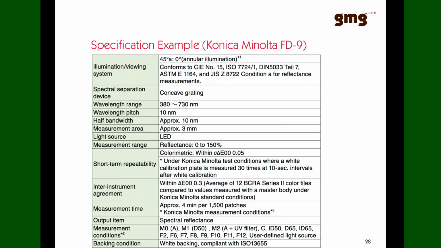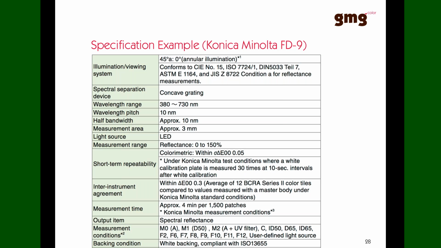Then we see here that the light source inside this measurement device is LED, so it's based on LED. Some other measurement devices are using light bulbs, but the LED technology is state of the art. Then what's also described here is the short-term repeatability, which is basically what I said before.